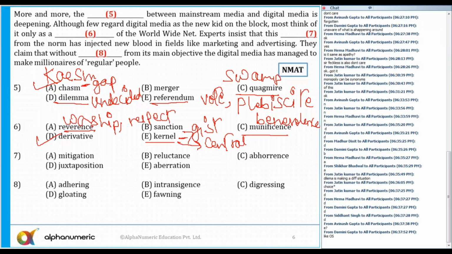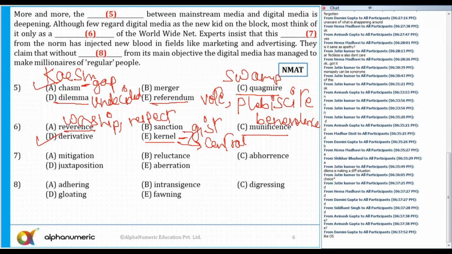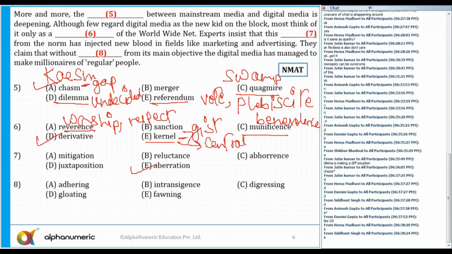So he says, experts insist that this dash from the norm has injected new blood. If you are doing something from the norm, that means there must be some aberration. You are straying from the norm, and because of this, new blood is being injected in fields like marketing and advertising.